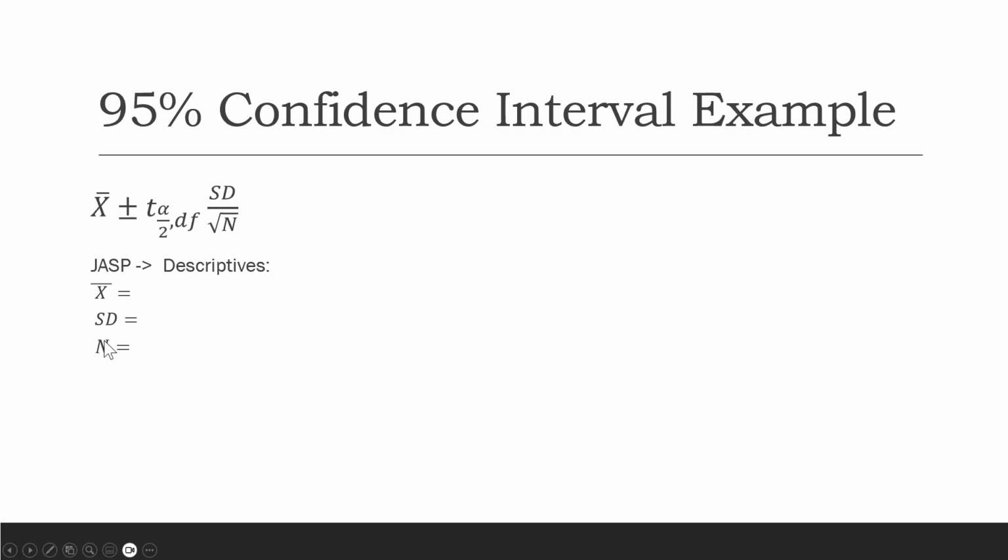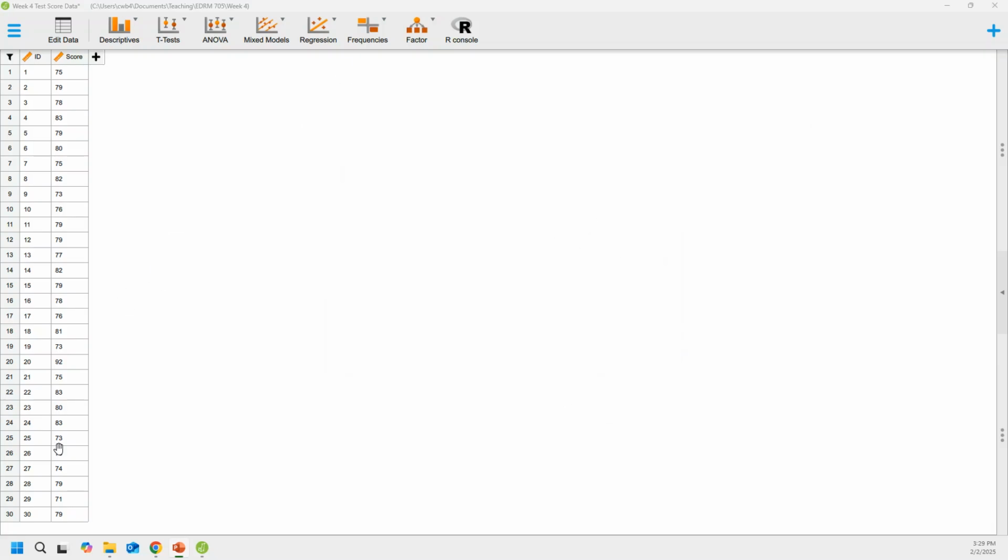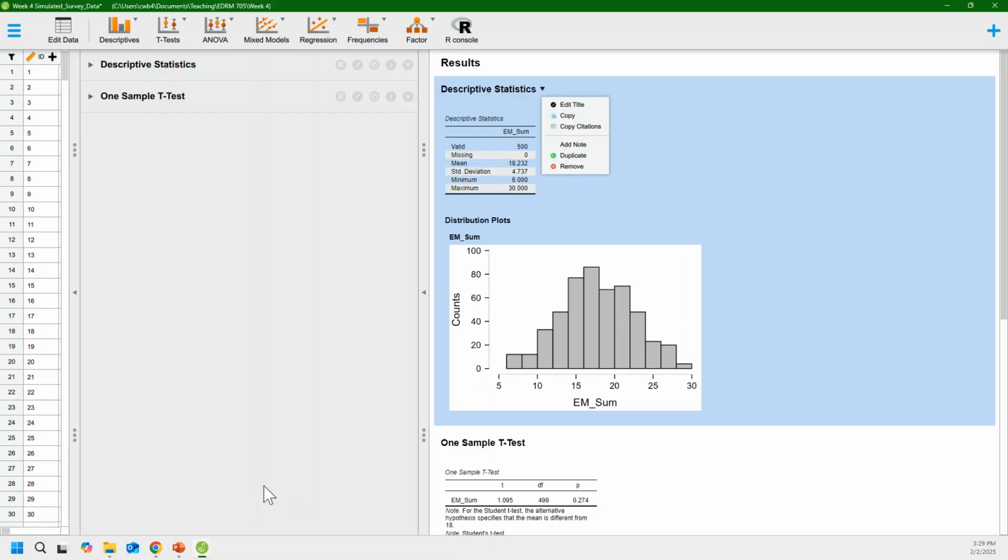So I'm going to go to JASP, and I'm going to close this out, and I need to open my data set. Do I have it open still? Yeah, this was our data here. Notice this arrow here.